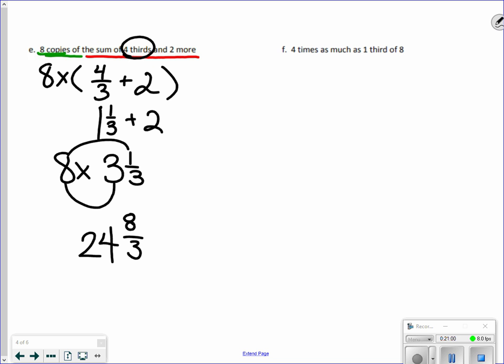I cannot leave an improper fraction in my answer. 24 8/3, negatory, good buddy.